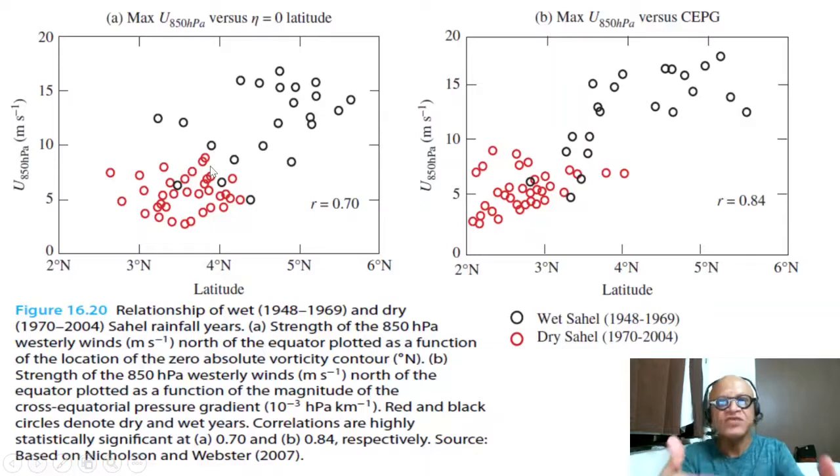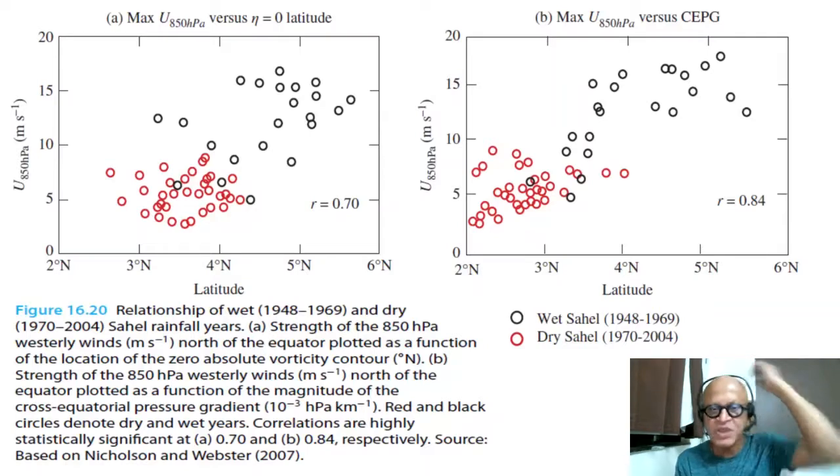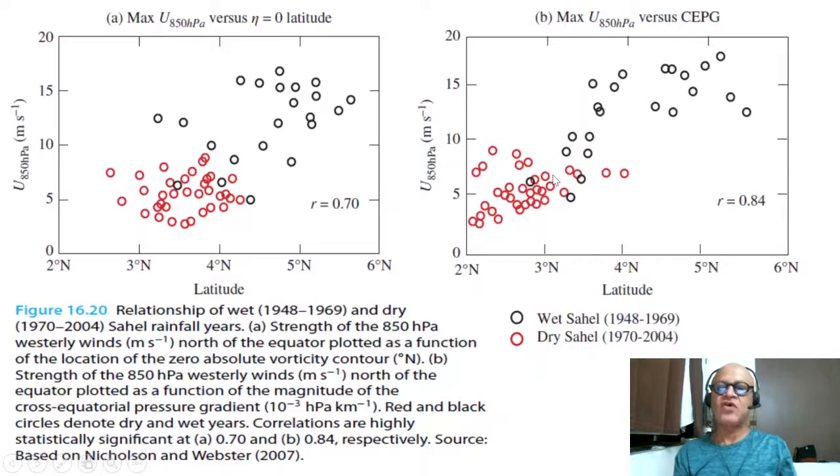So the absolute vorticity line, the cross-equatorial pressure gradient, the dynamics that drive the near-surface westerly winds, the easterly jet dynamics, the geostrophic winds giving us the meridional circulation, etc., are all dynamically related to each other, and they determine the multi-decadal variability of the Sahel rainfall, which is related to the 850 hectopascal winds.